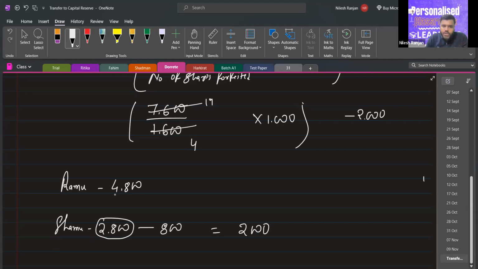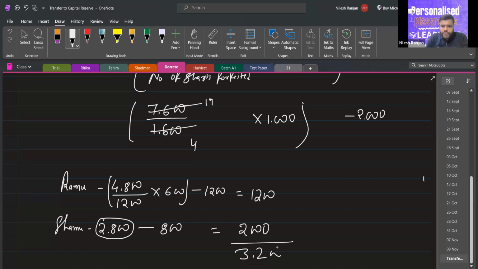And for Ramu, the shares forfeited, we will take 4,800 divided by 1,200, into the number of shares reissued, which is only 600, minus 1,200 discount of this. So it will be 1,200, 3,200.